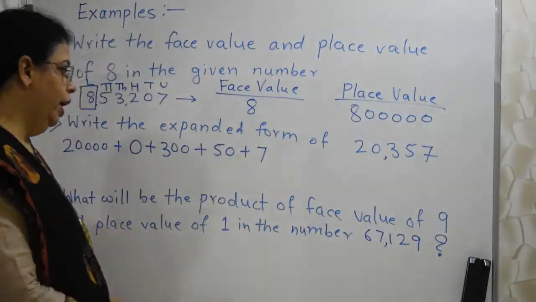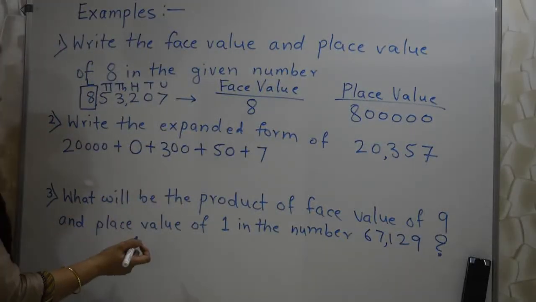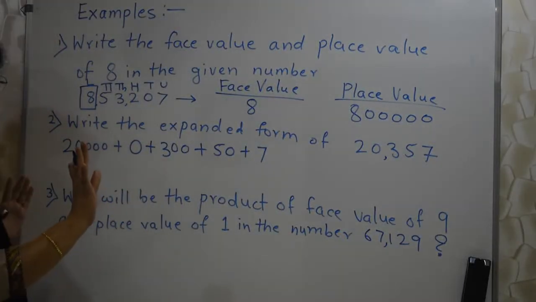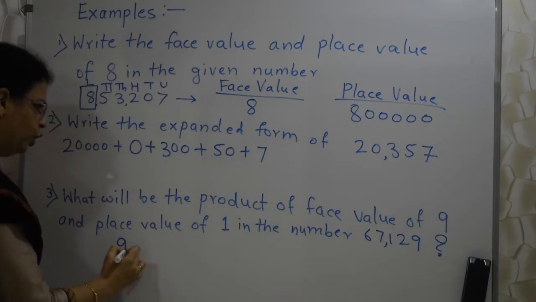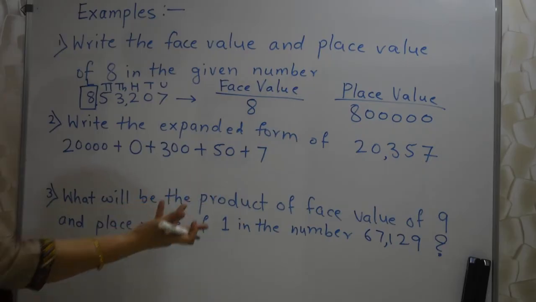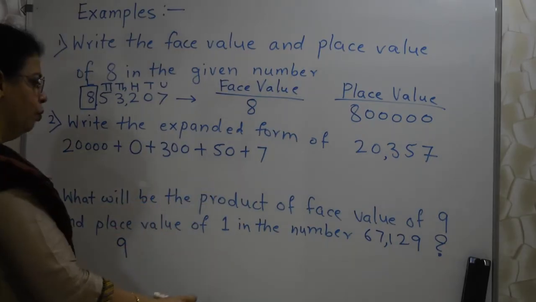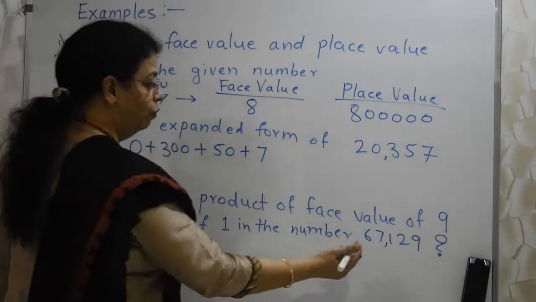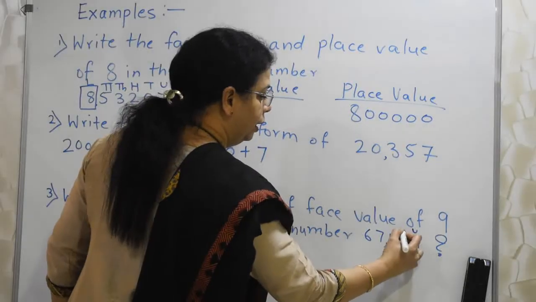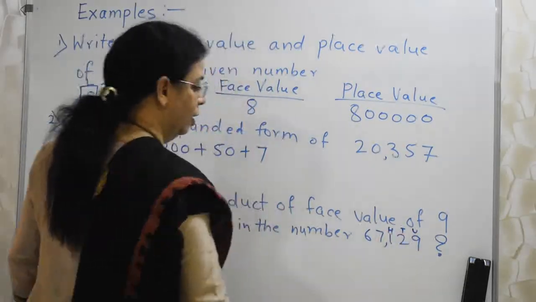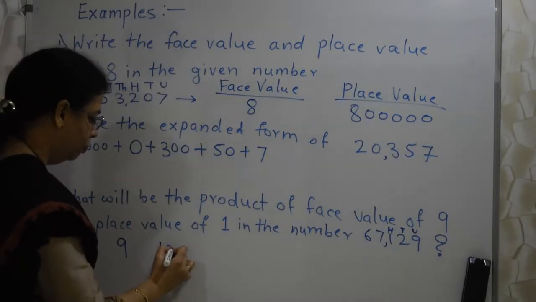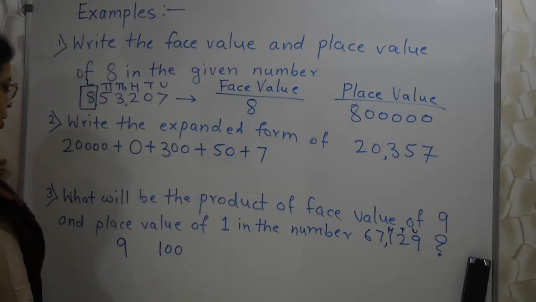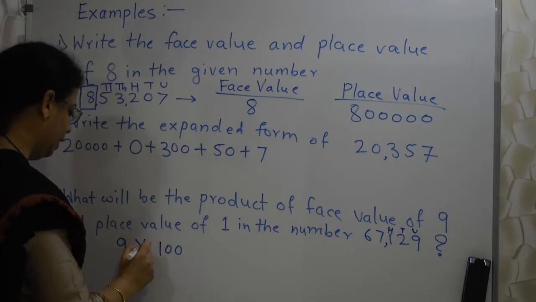Okay, the face value of 9, irrespective of its place, face is face, the number itself, so it's going to be 9 only. We did not even check which place it is in. Okay, now place value of 1. 1 is in units, tens, hundreds. 1 is in hundreds place. So the value of 1 is 100. Product means multiplication.